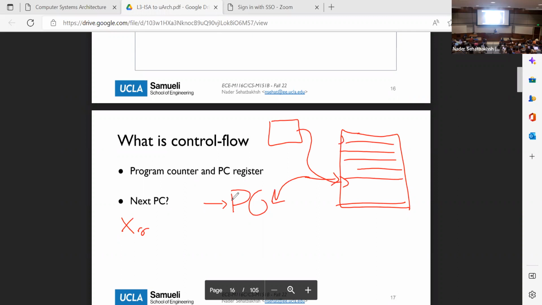Maybe this address is some random number, like 1123 or whatever. This is the beginning of my program, and the rest of my program is just consecutive in the same part of the memory. It's just one block, my instructions one after another. So the operating system is going to say, your base is going to be written into this PC.